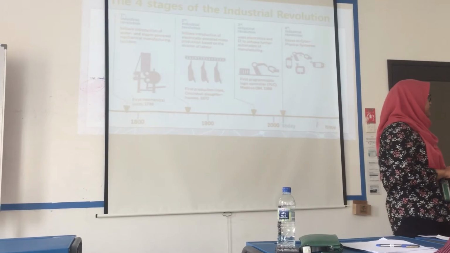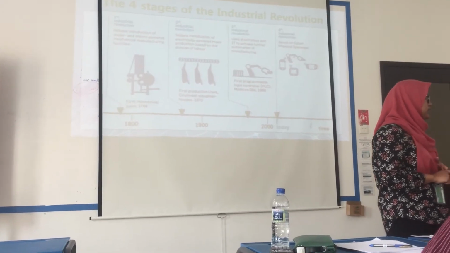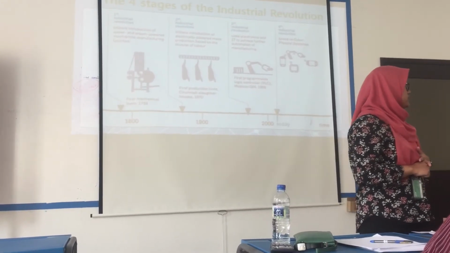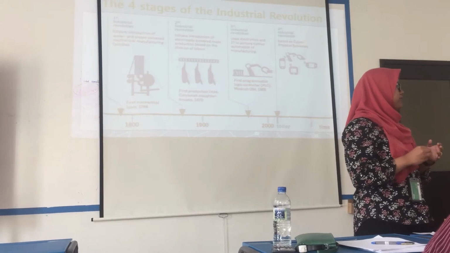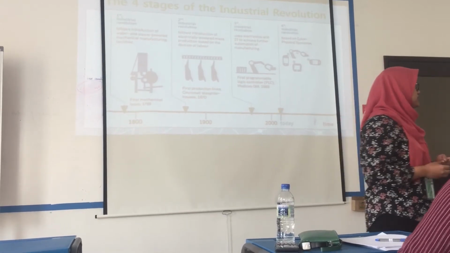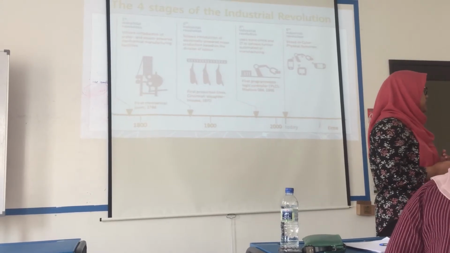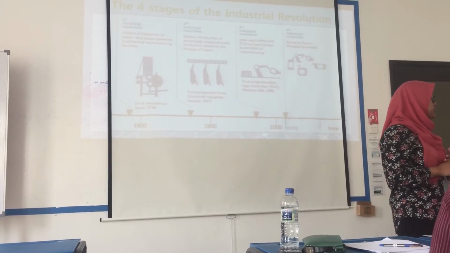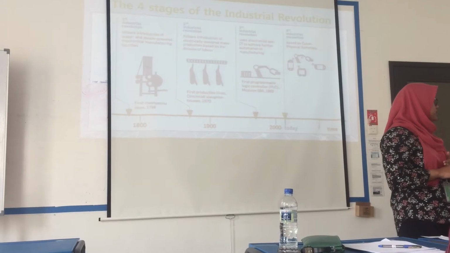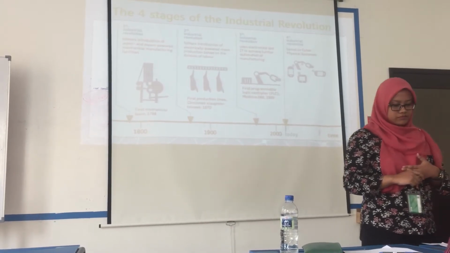Next is the second industrial revolution, which introduced electricity, power, and mass production based on the division of labor, where you can see the first production line at the Cincinnati Slaughterhouse in 1870.